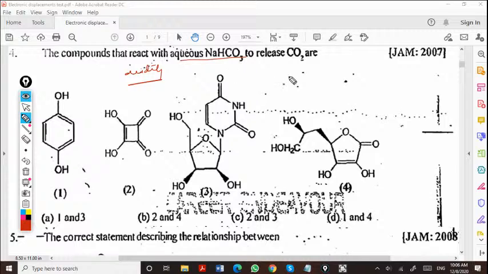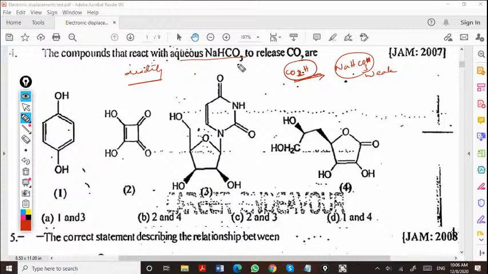Generally, carboxylic acids are more acidic, so they can react with bicarbonate. This is the logic: bicarbonate is a weak base, so if a weak base must be reacted, it must react with a strong acid. So among these, it is asking which is the strong acid.